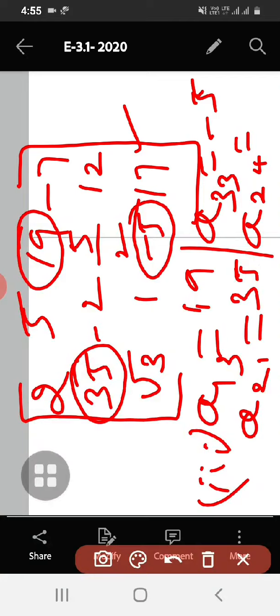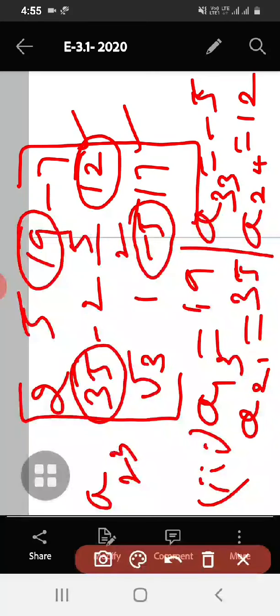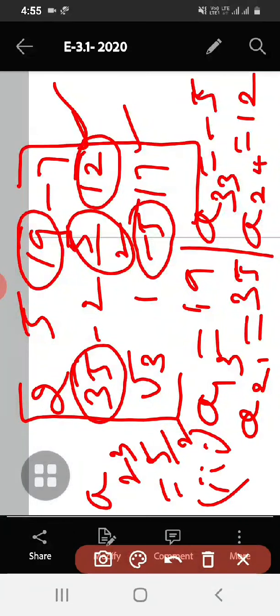The element is 12. Then another element is asked here, A23, second row and third column, that is 5 by 2. Clear? This is the answer for the first question. So we have to see the position and write the elements correctly.